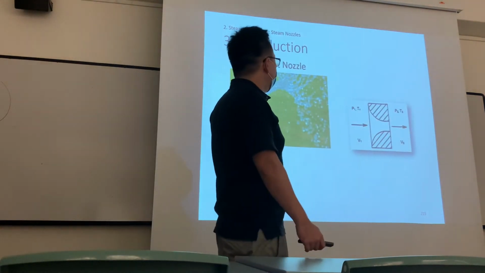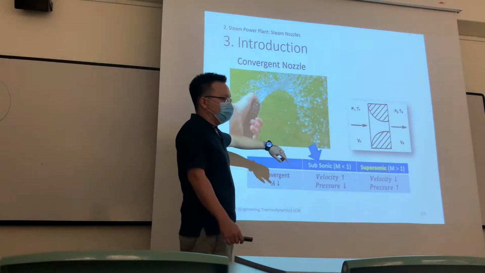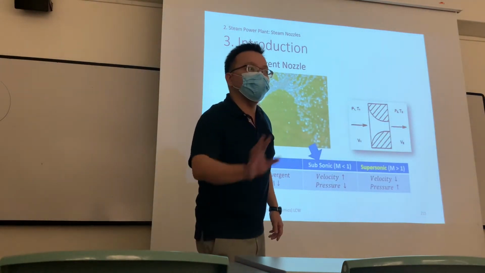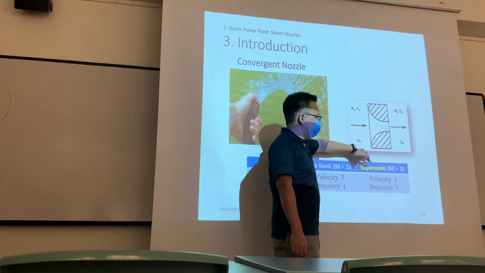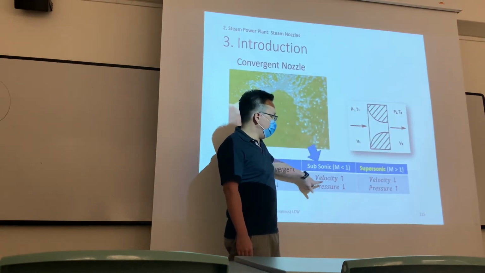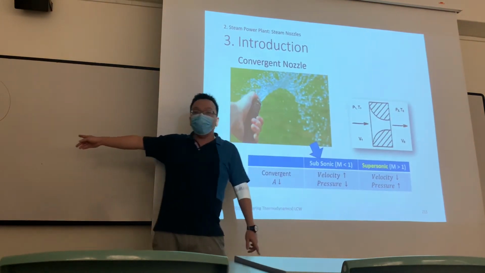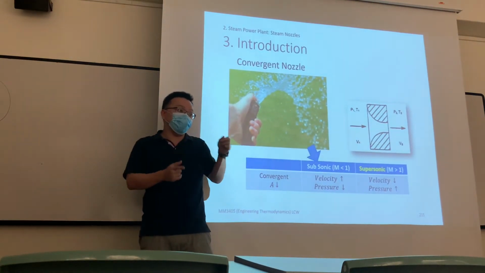Alright, so with that said, this is a convergent nozzle. I will explain again. Now, I'm not going to go into too much detail, but what can you observe? If it's subsonic, what happens? I already explained earlier, right? So listen, you must pay attention here.